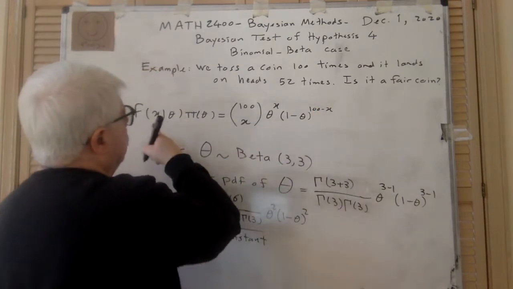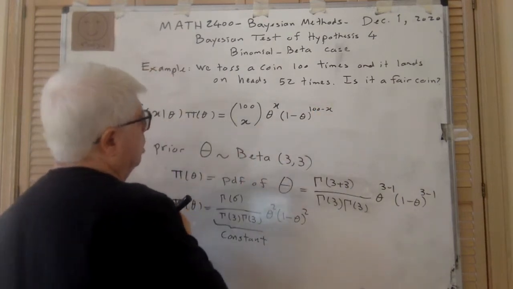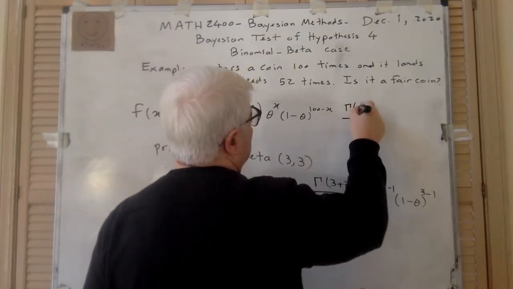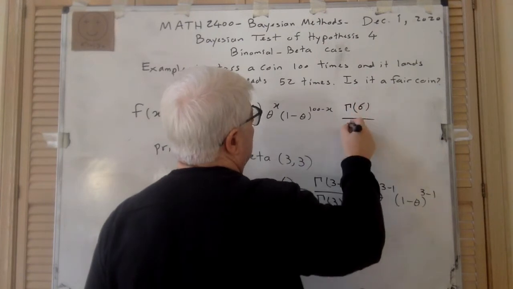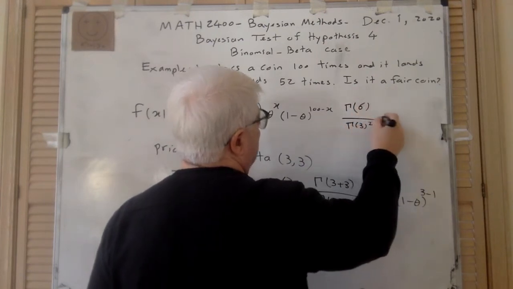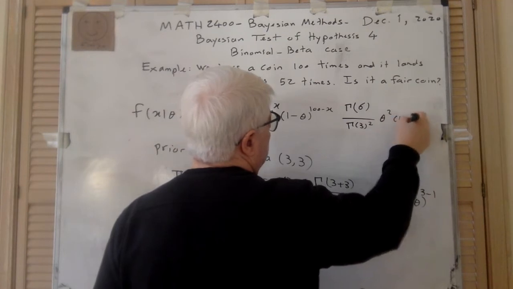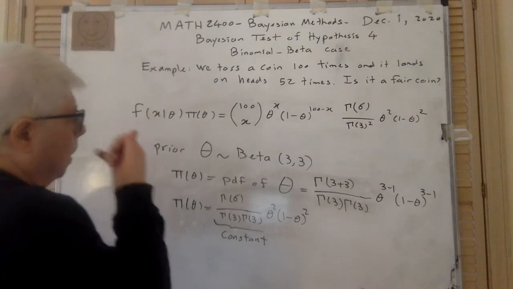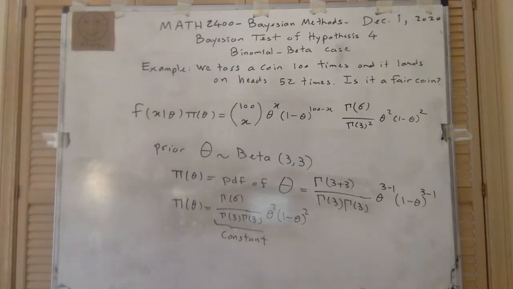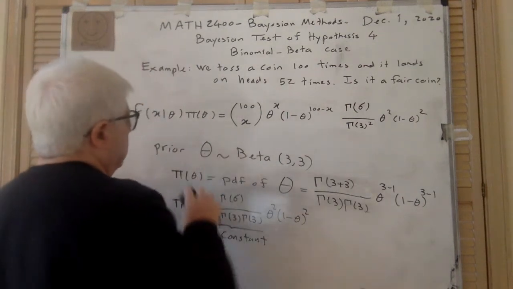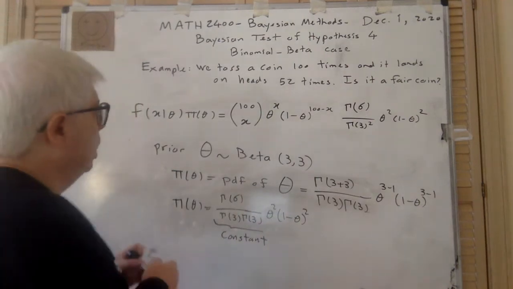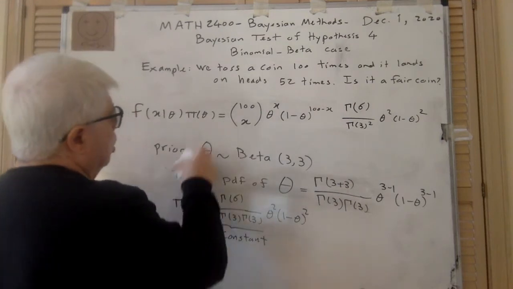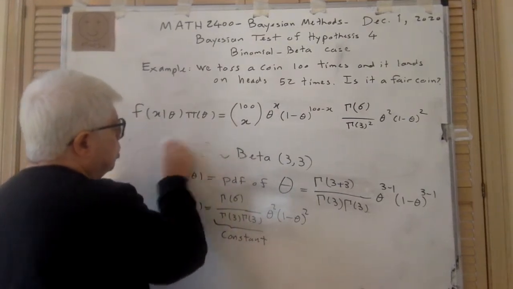But that was, in fact, x was 52, right? So let me write this thing here. So times gamma 6 over gamma 3 squared, and theta squared, 1 minus theta squared. Okay, so now that x here, we observe 52. So observed x is 52.